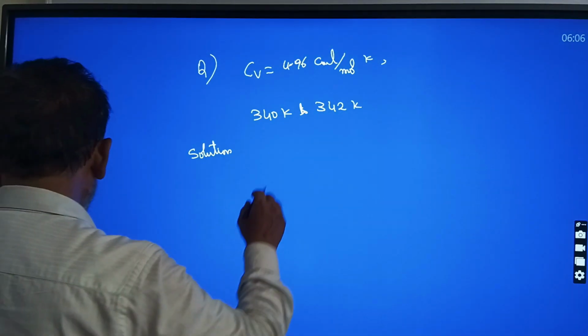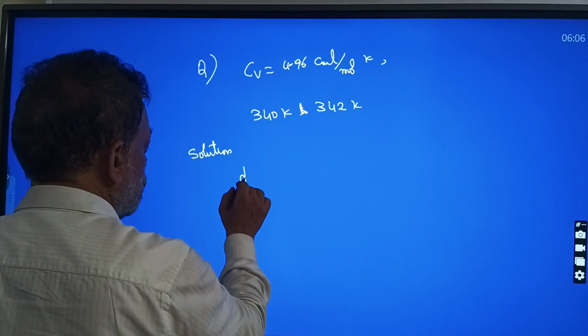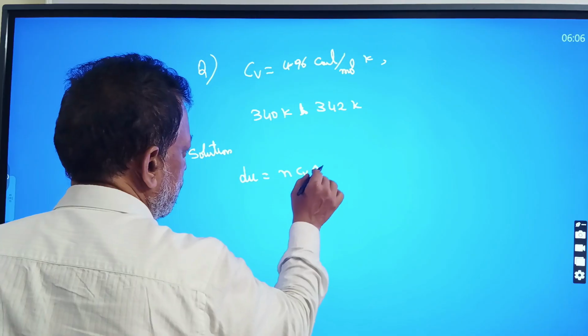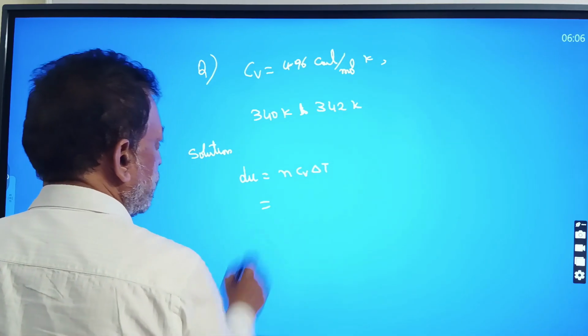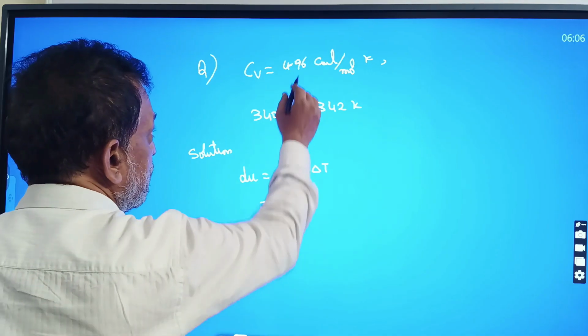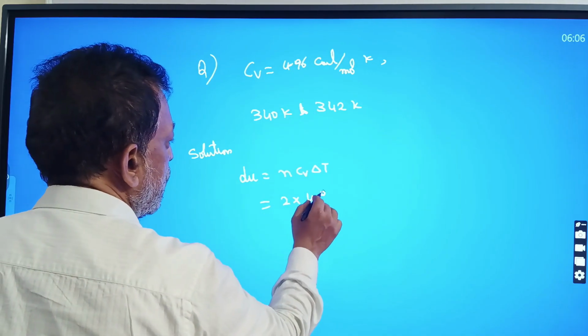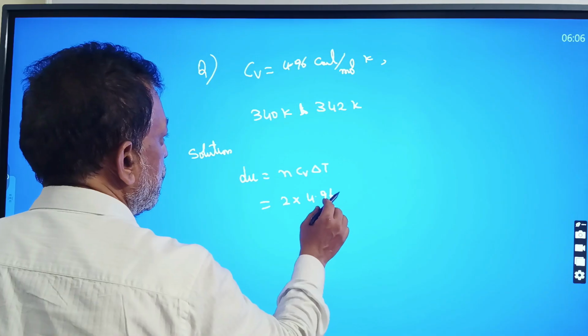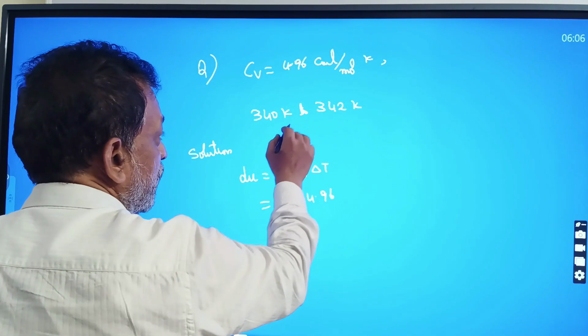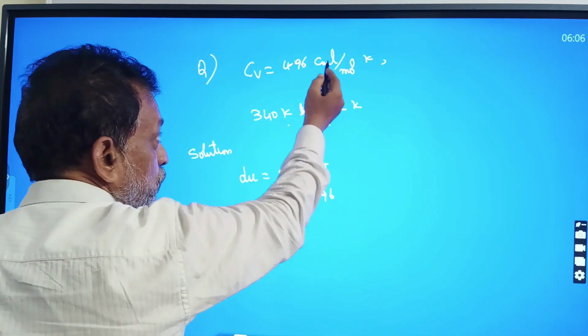What is the internal energy? dU is equal to n CV delta T. Now substitute. How many moles are there? 2 moles. What is the CV value given? 4.96 calorie. Next, temperature in Kelvin is given. If they are given in degree centigrade, you have to convert. See here, check the unit.